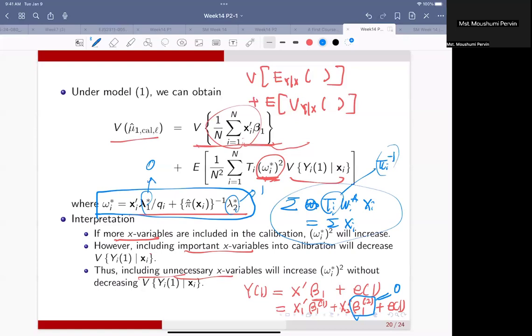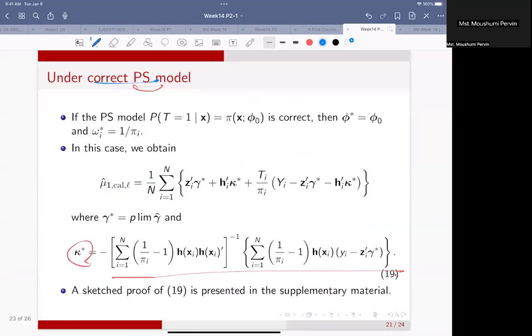So that's actually the same as a design-based approach. In the design-based, if you assume a correct PS model, we are doing the design-based idea.